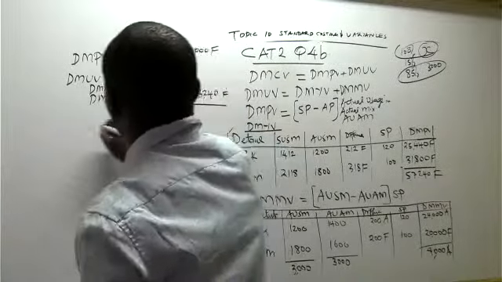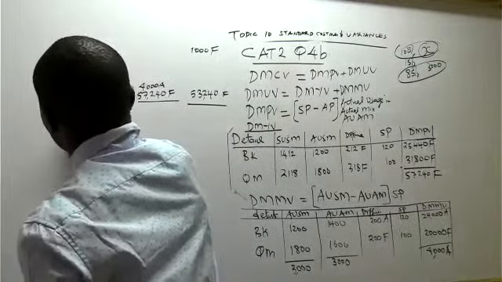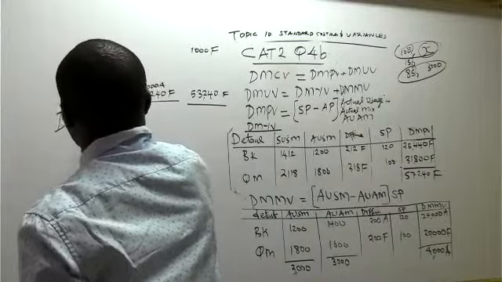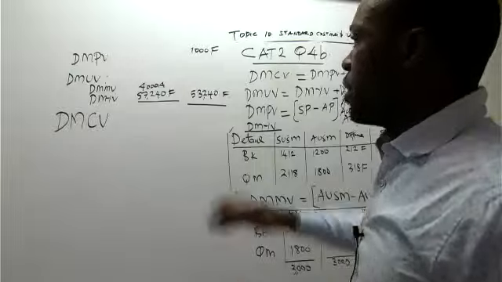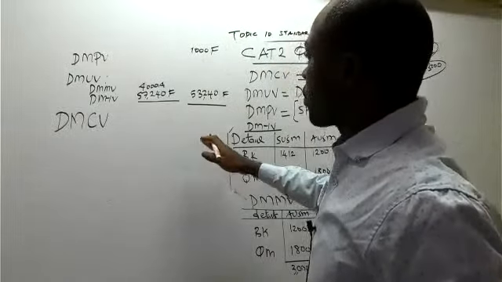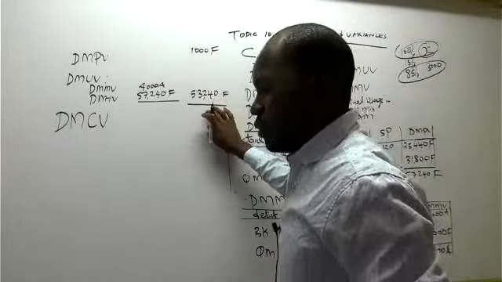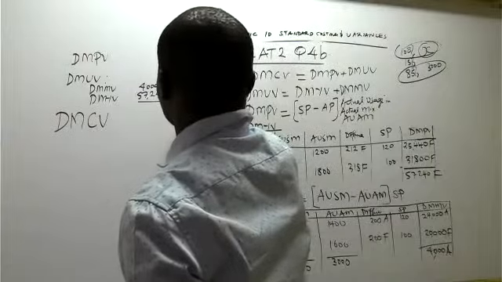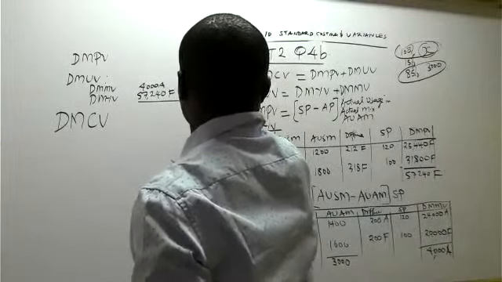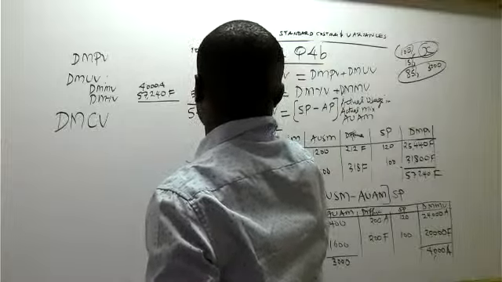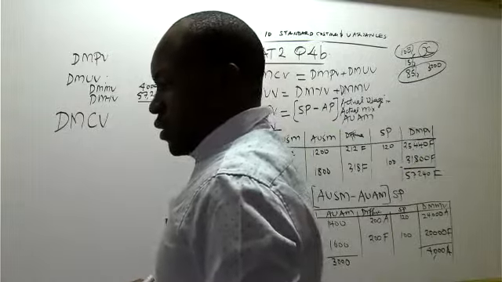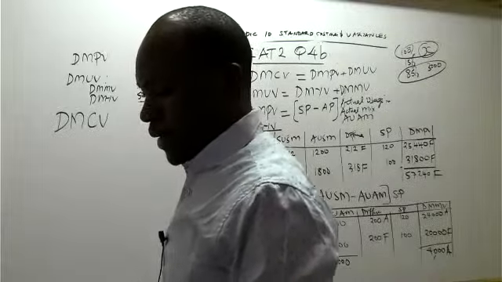Now go ahead and give us what we call direct material cost variance. Direct material cost variance ni ngapi? Add it across. Uko na favorable, uko na favorable. Tunapata 54 to 40. Great.